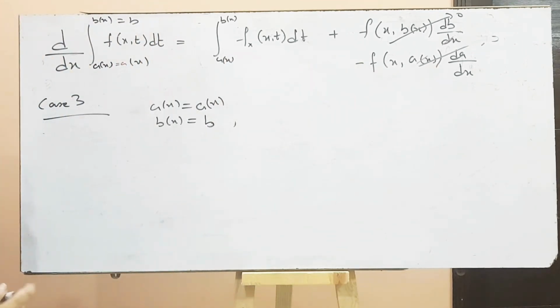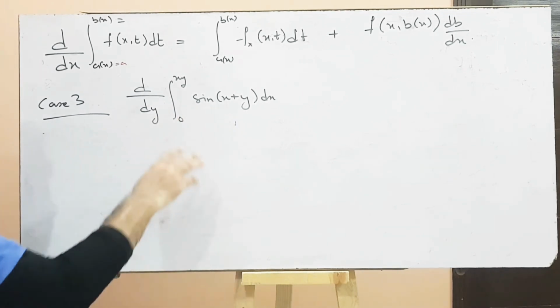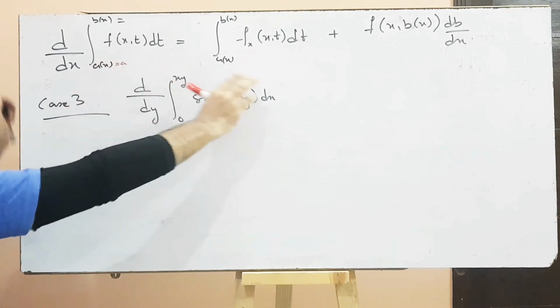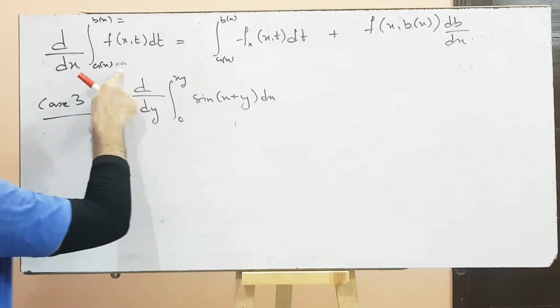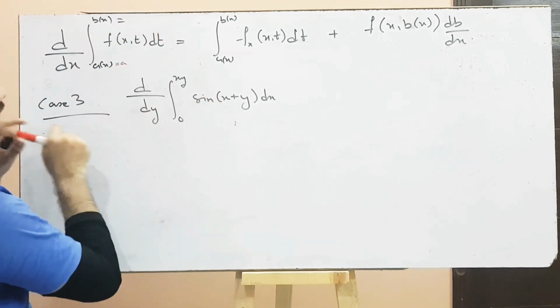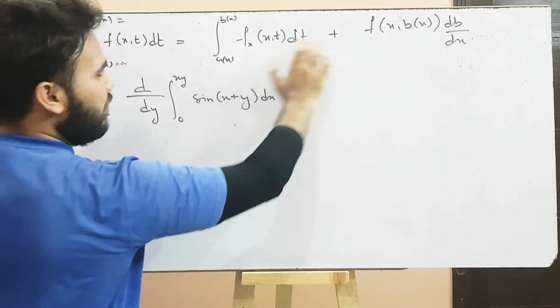Now let's look at an example. Here is an example about the Leibniz rule. Let's say this is the statement of the Leibniz rule where the lower limit is constant and the upper limit is variable, same as this one. From this information we can rewrite this into this form.